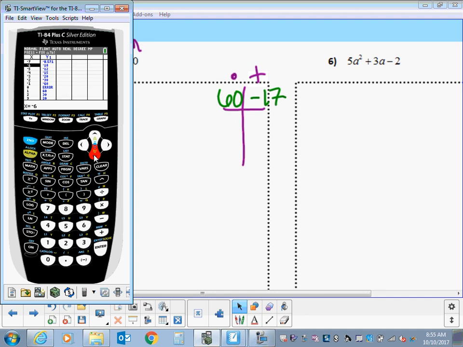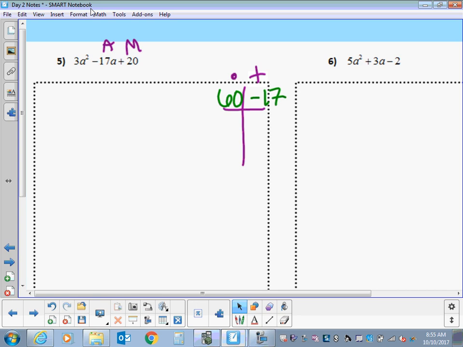I need to add to give me negative 17. What about negative 5, negative 12? You guys see that? It adds to give me negative 17. So my factors are negative 5, negative 12.